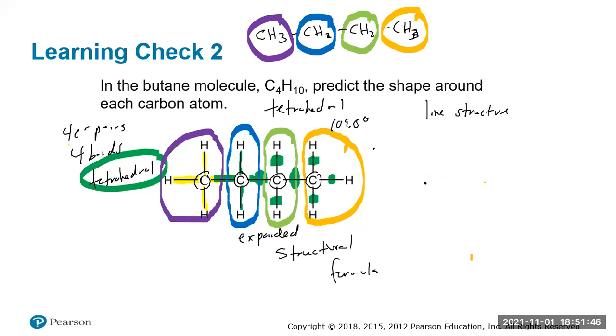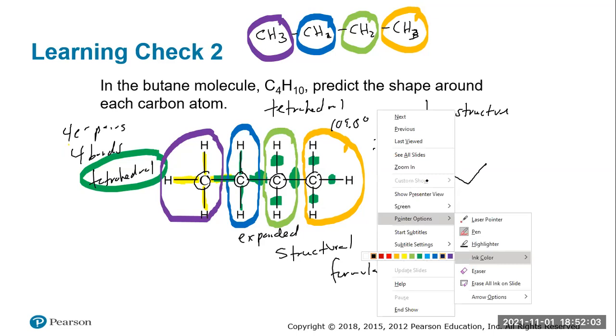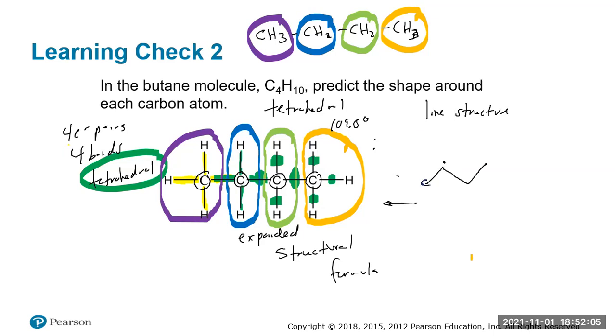So for example, this right here is the line structure for this guy. And basically everywhere there is sort of an end or a point is a carbon. So this would be a carbon, this would be a carbon, this would be a carbon, and this would be a carbon.